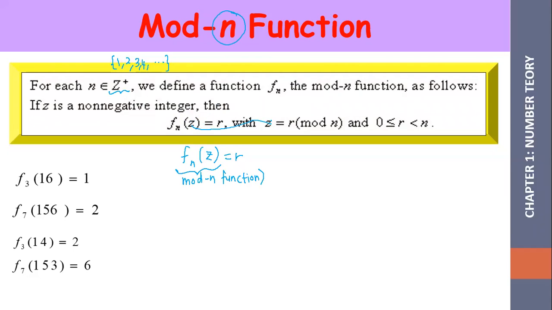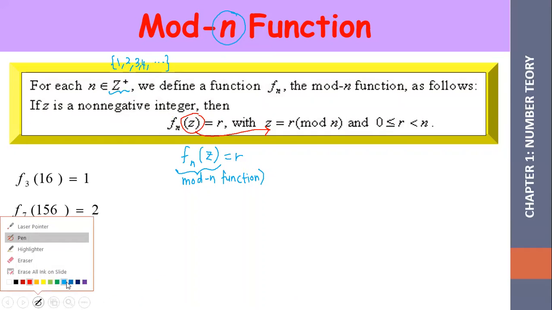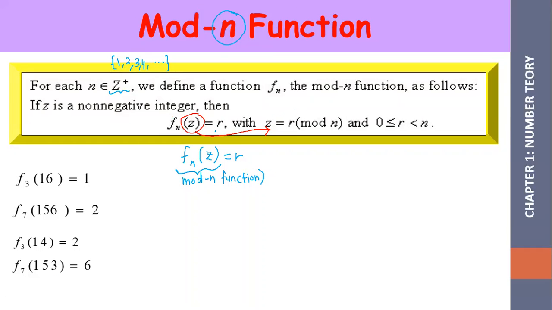We define here what z is. R must be greater than or equal to 0 and less than n. So z is congruent to r mod n.